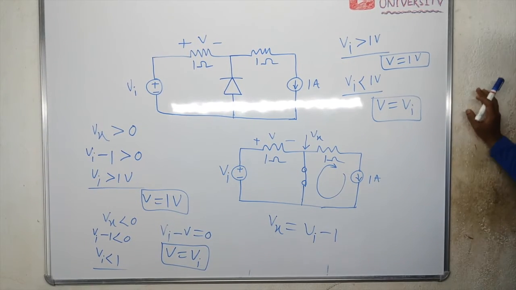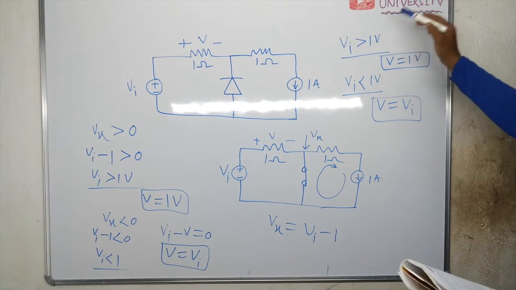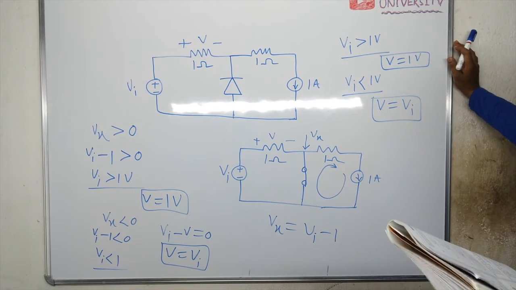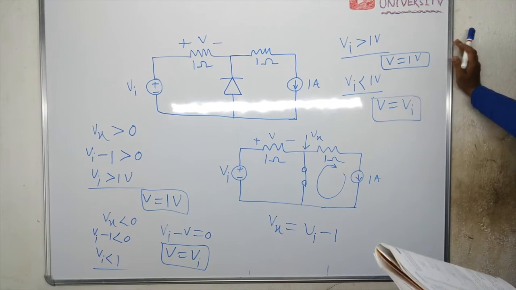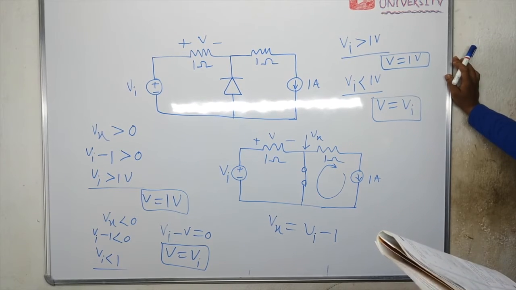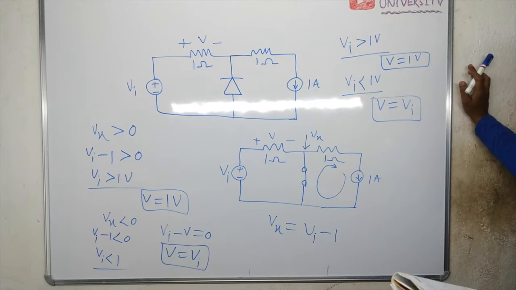You see, if Vi is greater than 1 volt, suppose you assume Vi equal to 2 volt, what is the minimum value between 2 and 1? Answer is 1. So B is 1 volt.